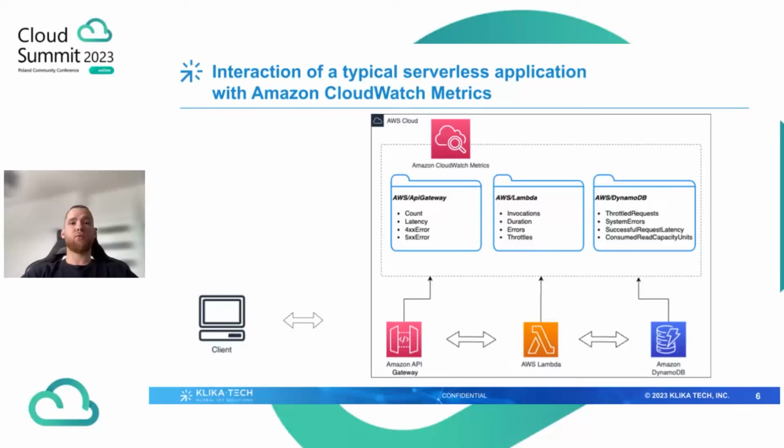To kick things off, let me show you a handy diagram that demonstrates how a common serverless application comprising Amazon API Gateway, AWS Lambda, and Amazon DynamoDB interacts with CloudWatch. Here we can see that all services send their data into CloudWatch Metrics.